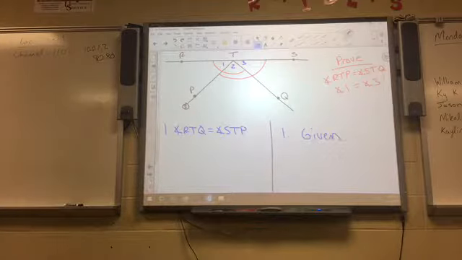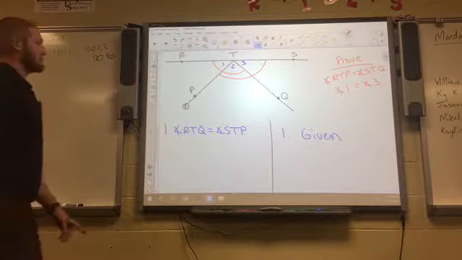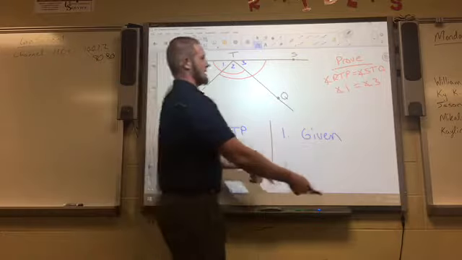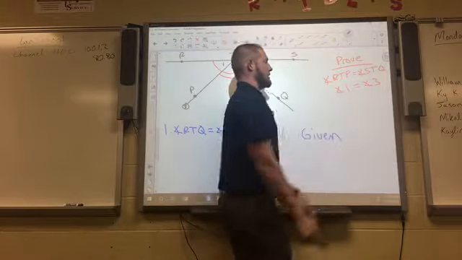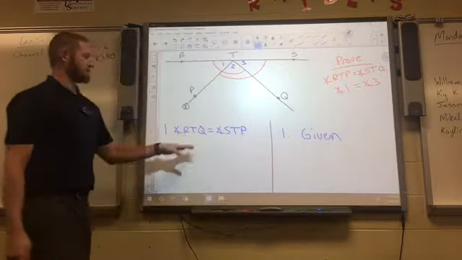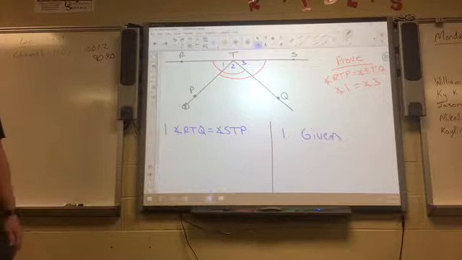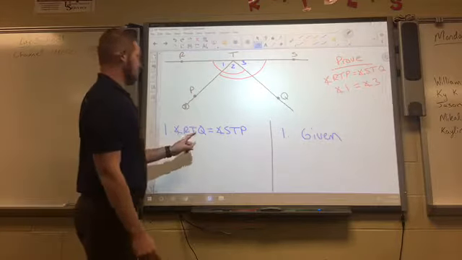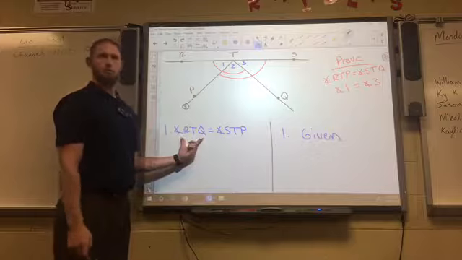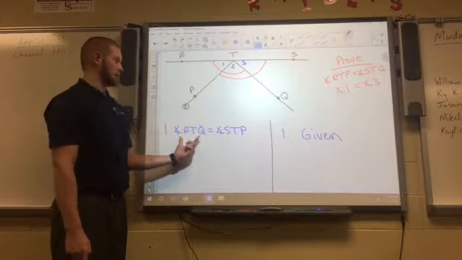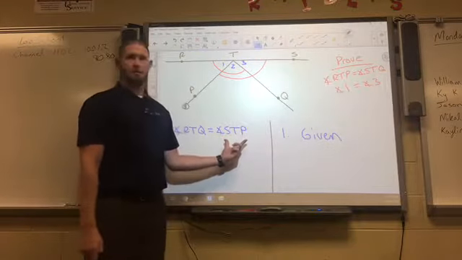The next thing I like to do is look at my given statement and my prove statement and figure out, do I already have some things that I need in the end? Well, in the end, do I need RTQ at all? No. In the end, do I need STP?